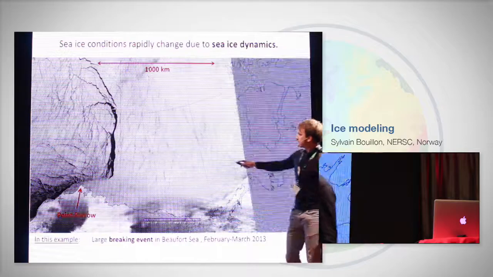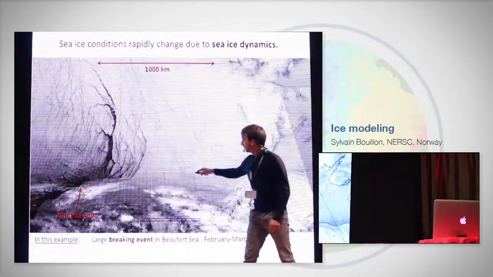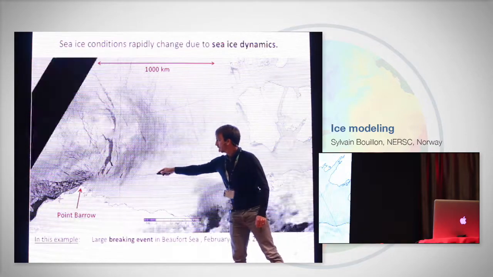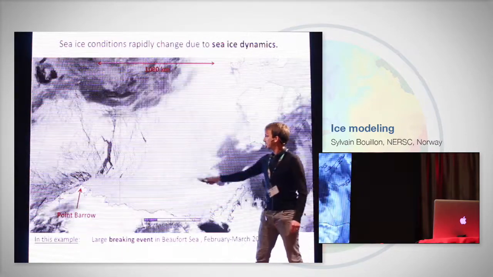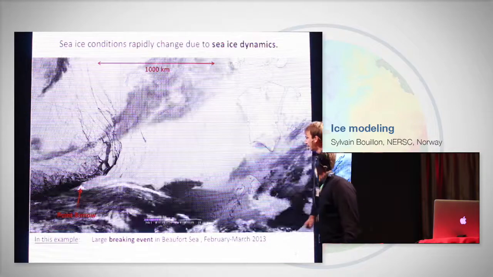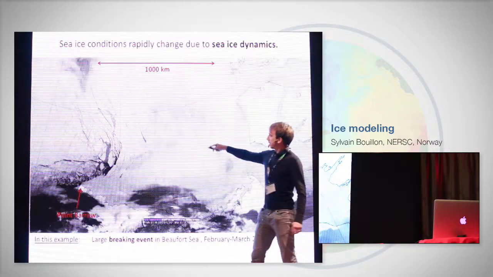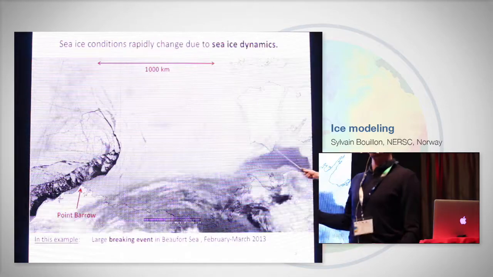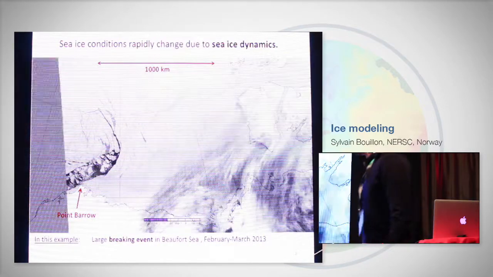So at the beginning, only the left part of the domain is moving. You see a lot of blocks that we call floes that are formed over here and that are drifting towards Bering Strait. You see also large fractures and leads formed on the left-hand side, but the right-hand side is not moving. It's almost static.